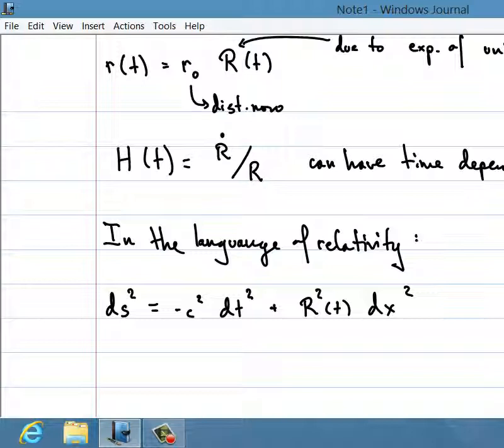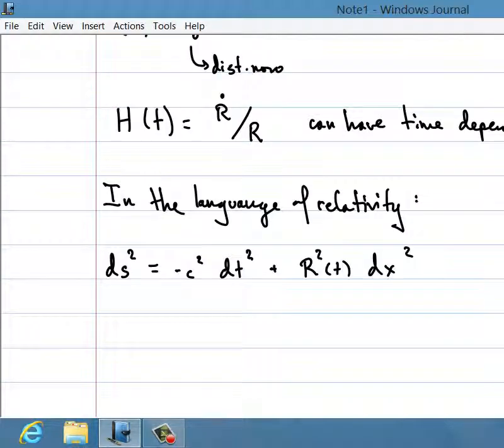And this model for the universe has a name. It is called the FRW model, named after Friedman, Robertson, and Walker. Sometimes it's called the FLRW model, including, I think, Lemaitre. So t here is, of course, our usual time coordinate. And R is known as the scale factor of the universe.